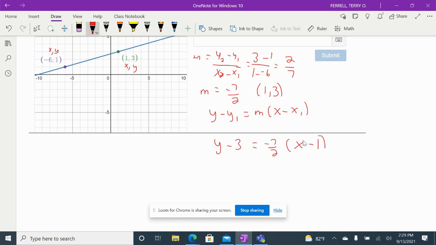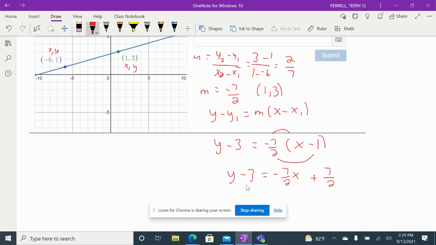So I'm going to take this and solve for y. So I'm going to distribute. This is going to be fun because we got a fraction. So I got y minus 3 equals negative 7 over 2 x plus 7 over 2. Now we're almost there.